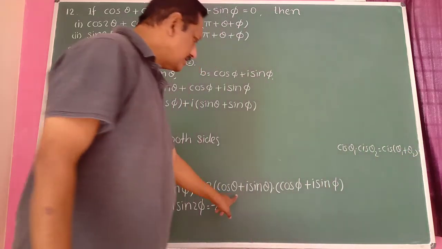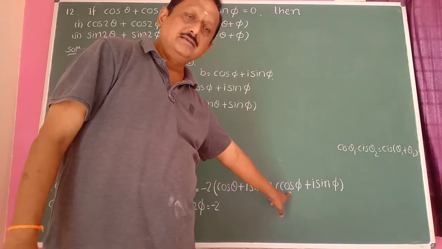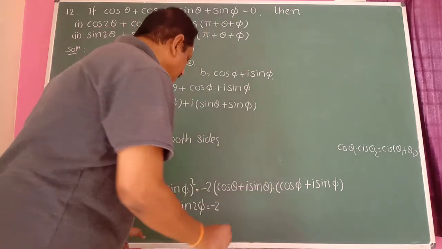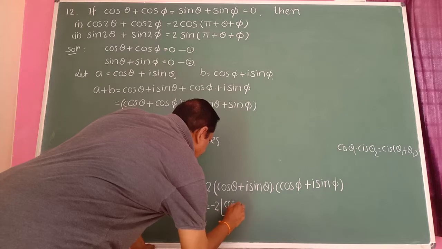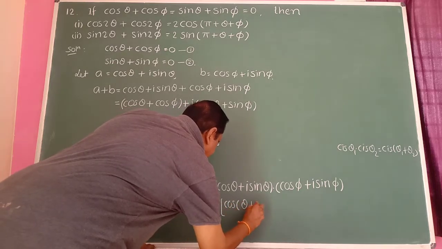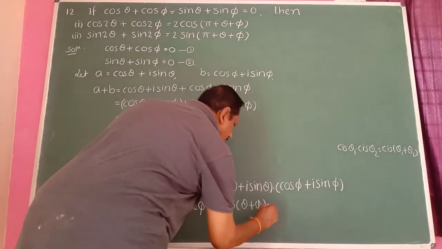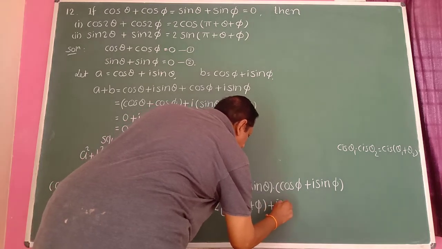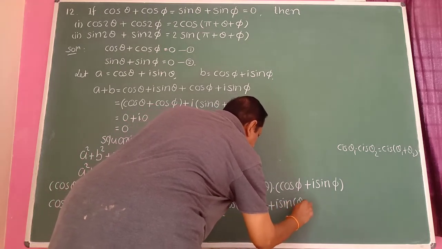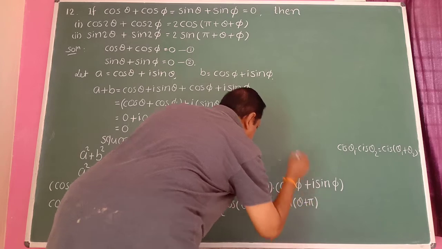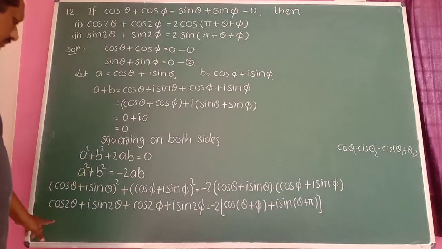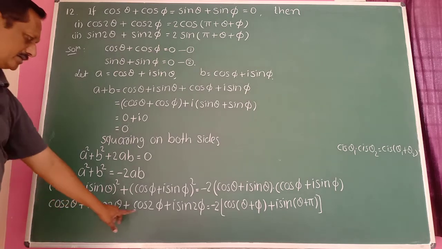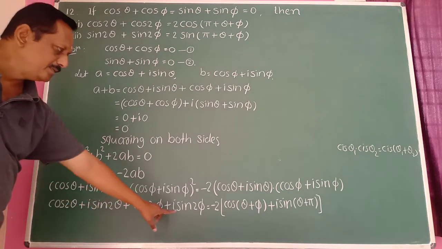Therefore this cis theta and this cis phi, their product is given by cos of theta plus phi plus i sin of theta plus phi. Bracket complete. Then in this case, write the real parts in one bracket and the imaginary parts in another bracket.